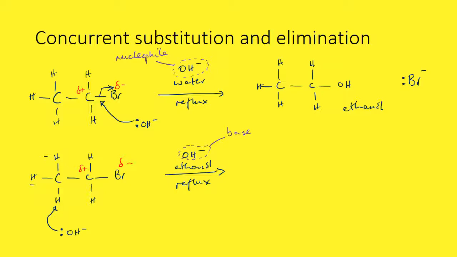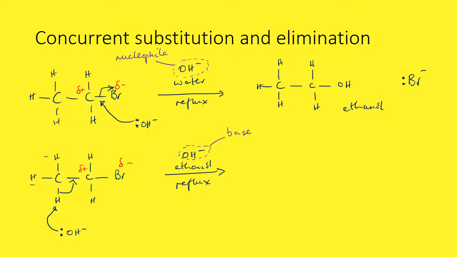So it's going to attack that hydrogen and accept it as a proton. So the hydrogen leaves without its electron, i.e. it leaves as a proton. And so the electrons that are in that bond have to go somewhere, and they go to the carbon-carbon, forming a double bond there.